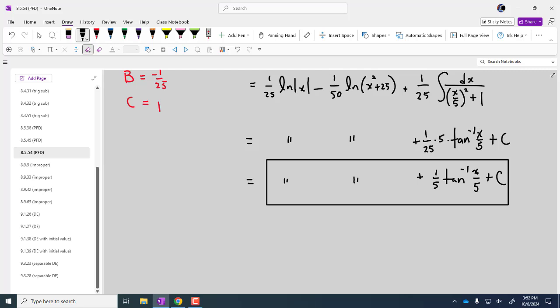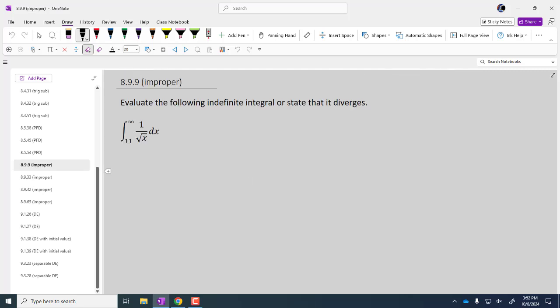I need to roll. All right, improper integral. When you see infinity as a limit of integration, then you know it's improper. So the next word out of your pen or pencil should be lim.